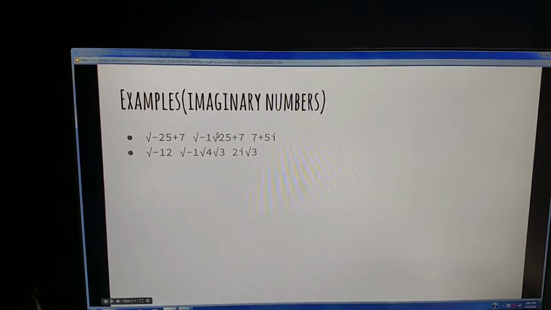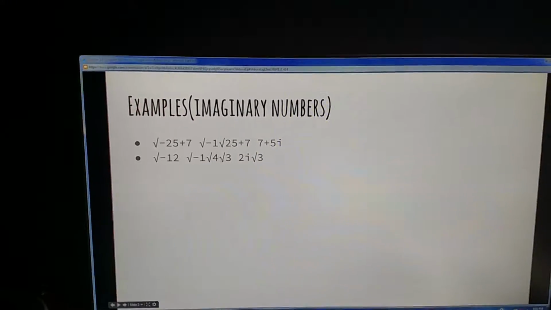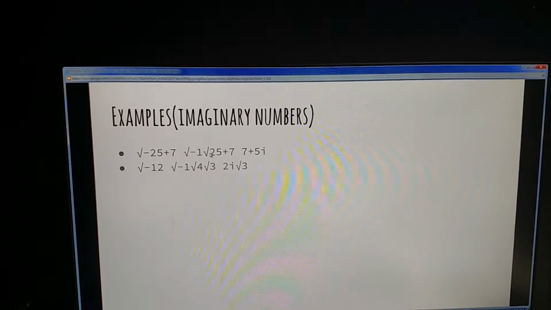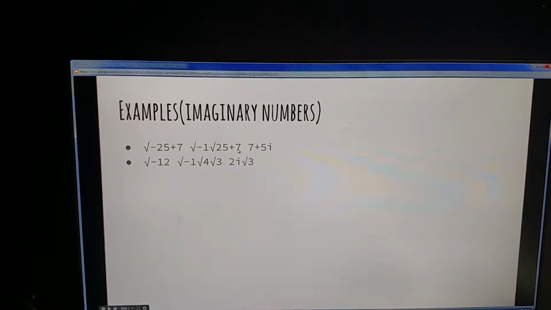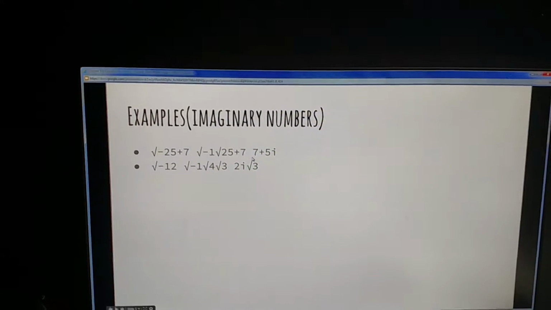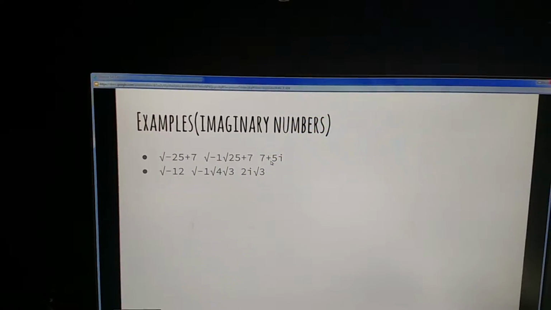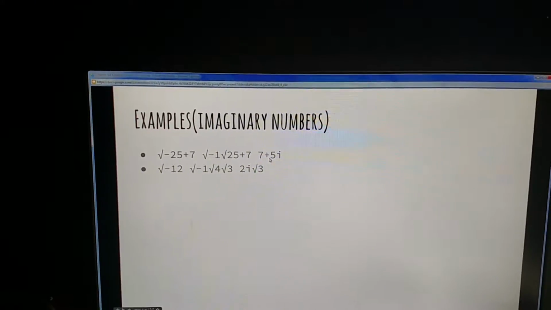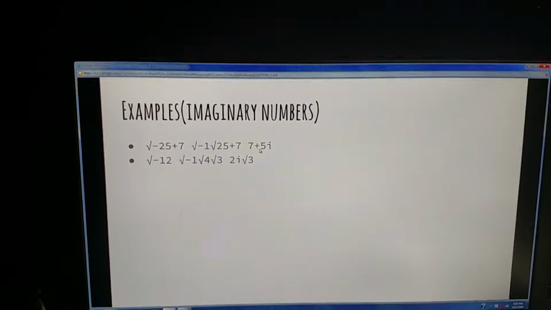Then this instantly becomes an i. You square root the 25, and it turns into 7 plus 5i, since 5 is the square root of 25.